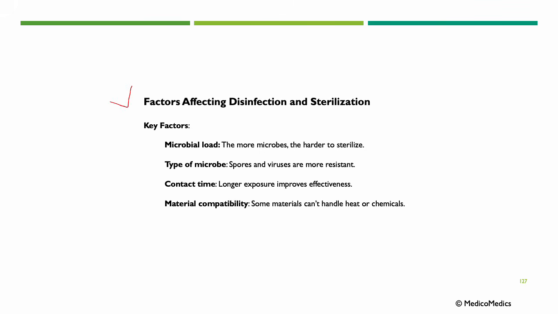Now, what are some factors affecting disinfection and sterilization? Key factors include microbial load. So the more microbes, the harder to sterilize. The type of microbe: spores and viruses are more resistant. Contact time: longer exposure improves effectiveness.